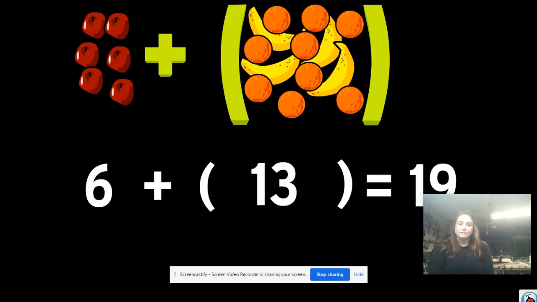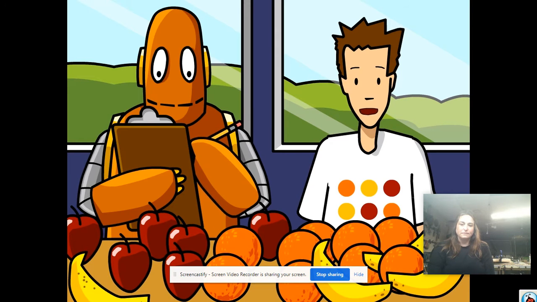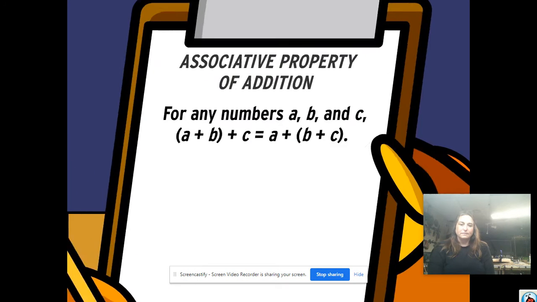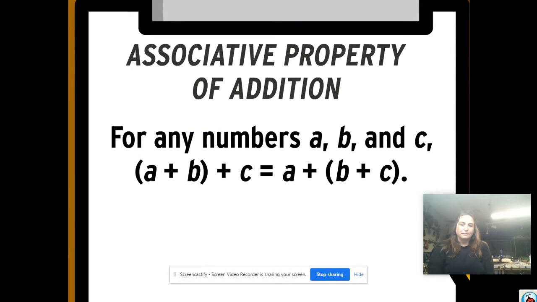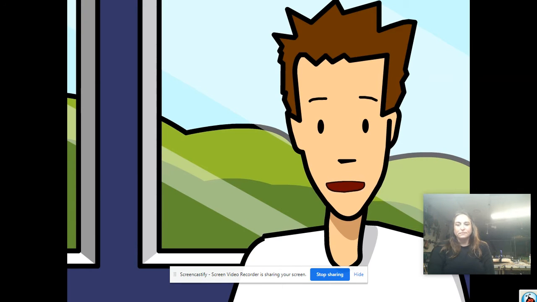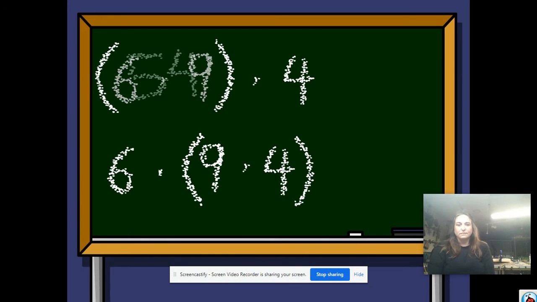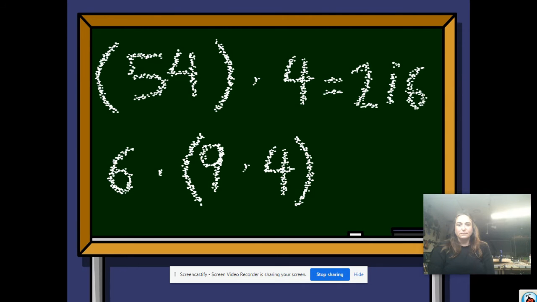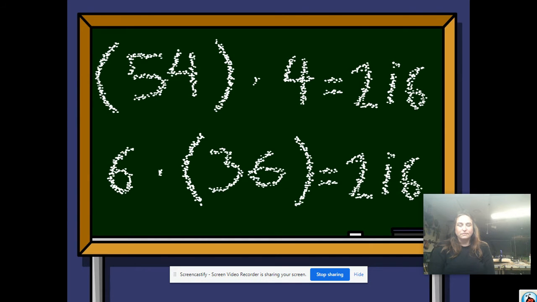No matter how we arrange the addends, their sum is always 19. This is an example of the associative property of addition. For any numbers a, b, and c, (a plus b) plus c equals a plus (b plus c). The associative property works for multiplication too, but let's check it just to be sure. 6 times 9 equals 54, and 54 times 4 equals 216. 9 times 4 is 36, and 36 times 6 equals 216.